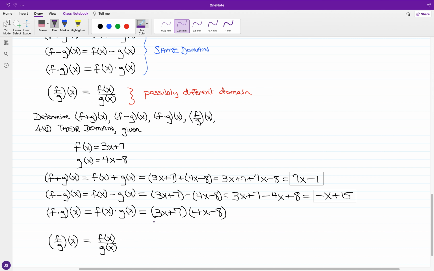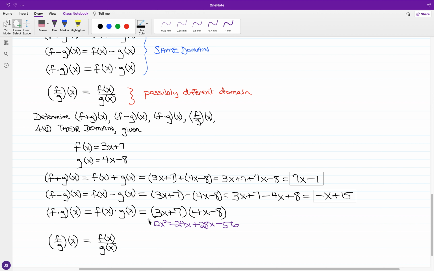So you have 3x times 4x, which is 12x squared. The outside product is going to be negative 24x. And you have 7 times 4x, which will be 28x. And 7 times negative 8 is negative 56.